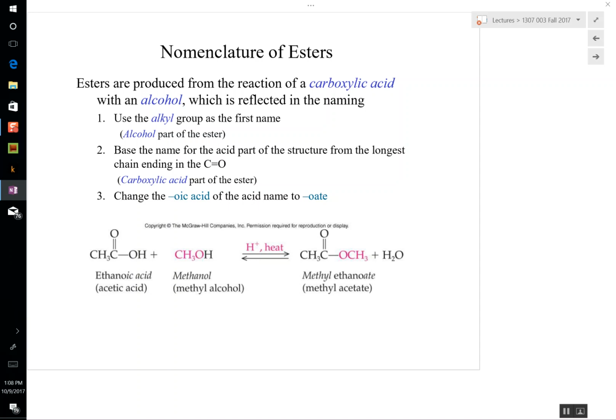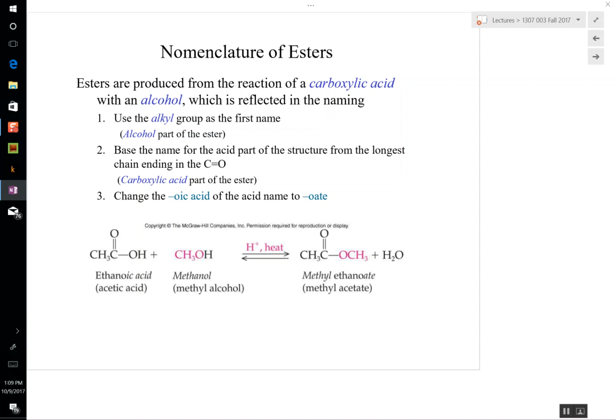We're getting methyl ethanoate. All right, so this is the IUPAC name, ethanoic acid. Its common name is acetic acid. So if we look at it from a common name point of view, acetic acid reacts with methyl alcohol to form methyl acetate. Methyl acetate.